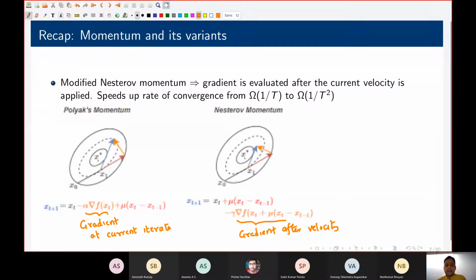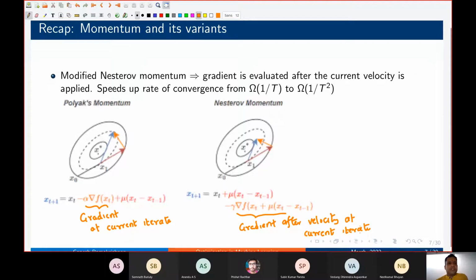So you have the gradient at the current iterate, versus the gradient after velocity. That was the differentiation.